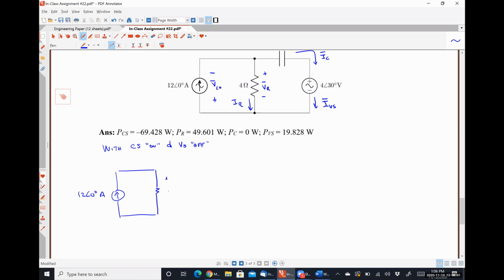Here is VR single prime. Here is VC single prime. This is a short circuit, actually. So because that's a short circuit, I'm going to move it over here. Doesn't change anything, just make it a little nicer.